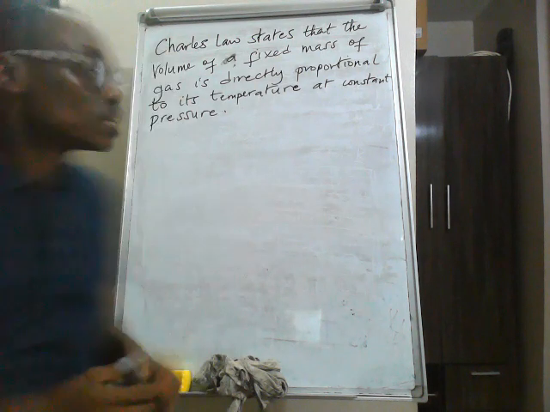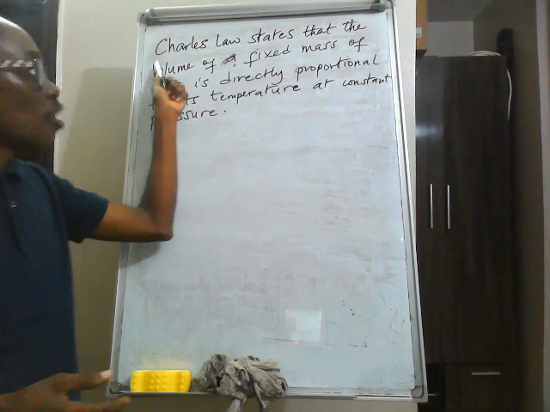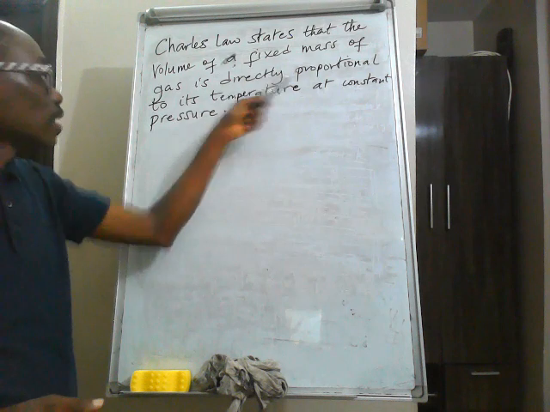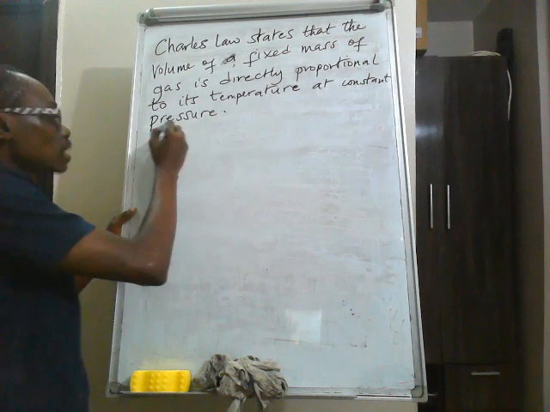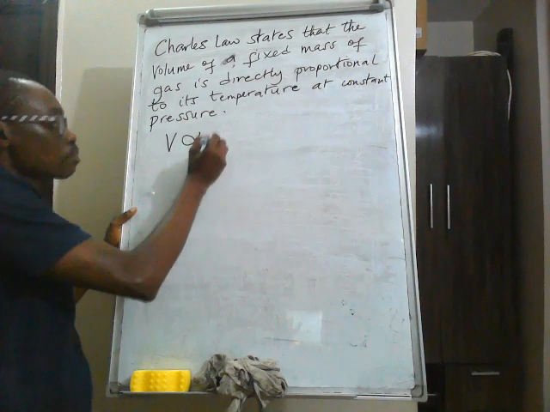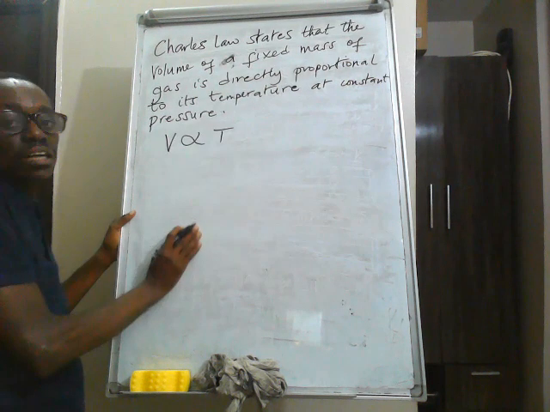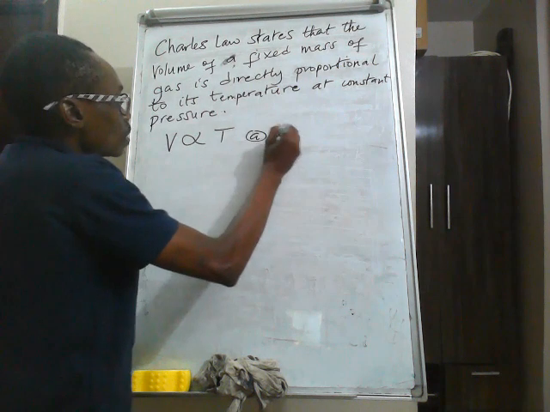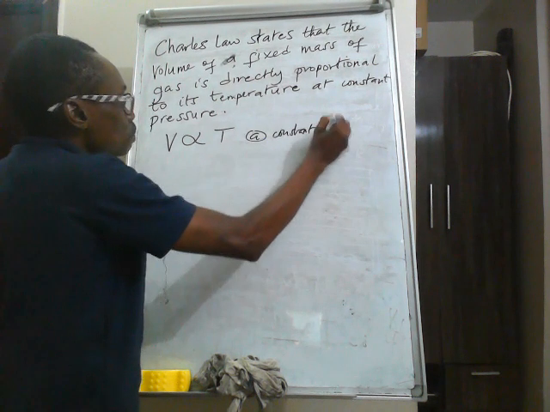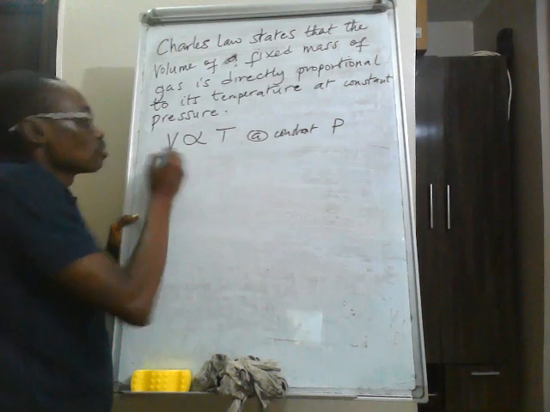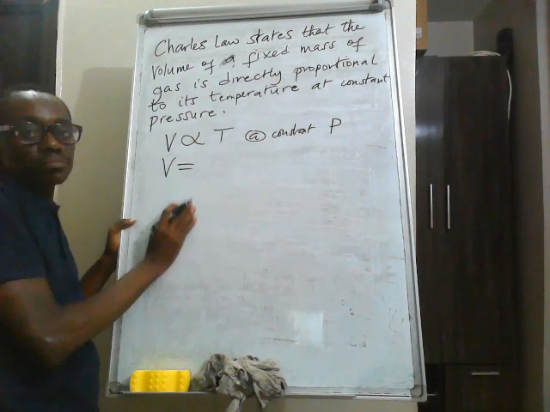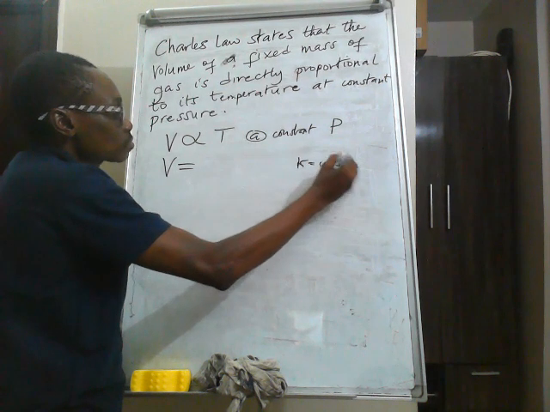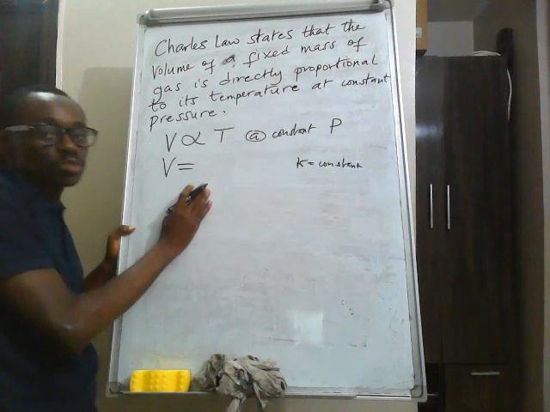So mathematically, the volume V of a fixed mass of gas is directly proportional to its temperature T at constant pressure P. This can be written as V directly proportional to T at constant P. So we bring in the equality sign. Our constant is still K. When you bring in the equality sign, you have to introduce a constant.